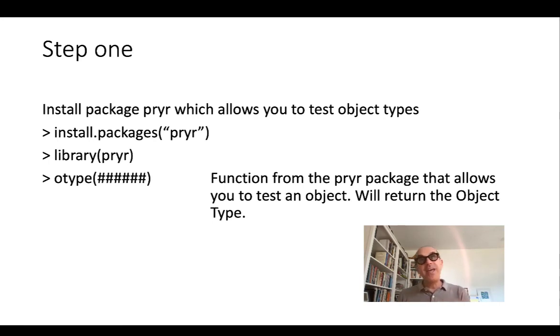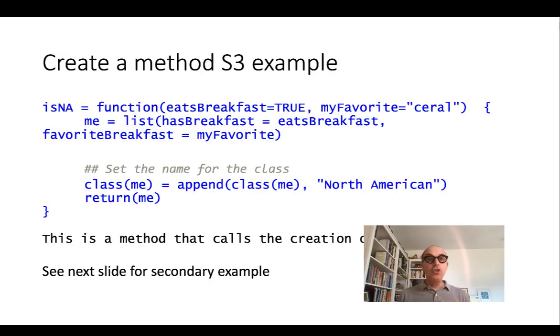You cannot do that unless you have the library embedded into the R environment that you are working on. So again, create a method of S3 example, and the next slide will be a secondary example. And again, this is from the textbook.